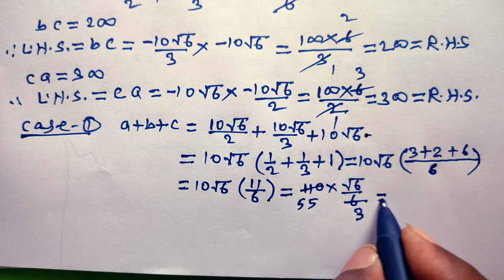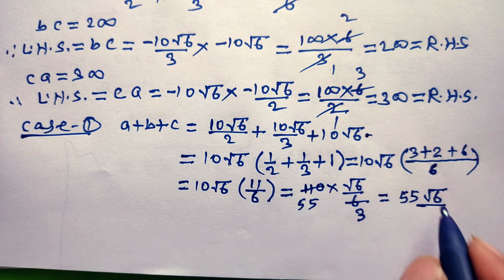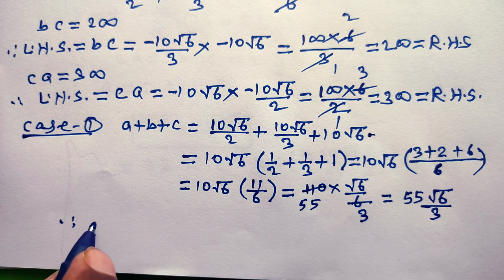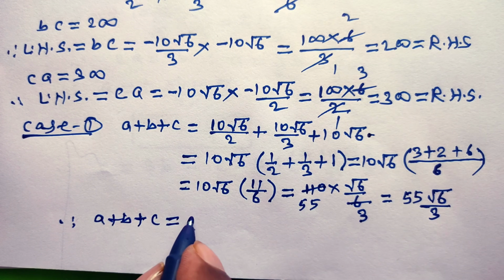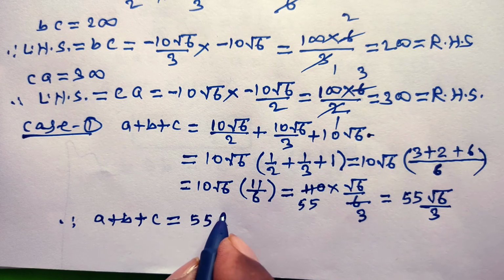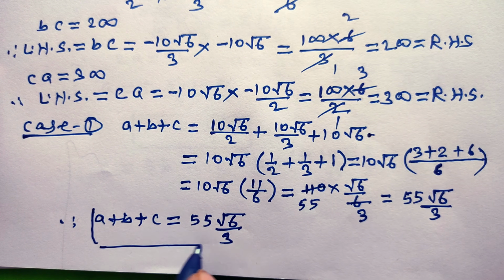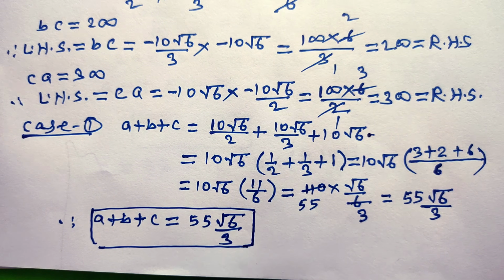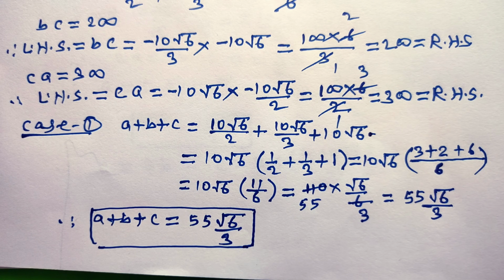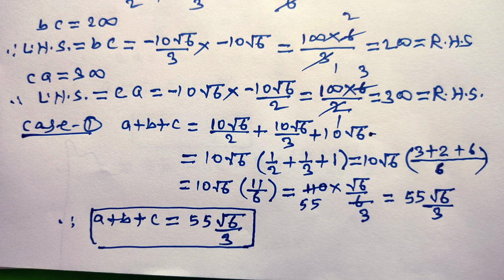So answer is 55 square root of 6 divided by 3. Hence, a plus b plus c is equal to 55 times square root of 6 divided by 3. This is value of a plus b plus c for all positive values of a, b, c in case number 1. Let us find a plus b plus c for case number 2, considering values of a, b, c negative.